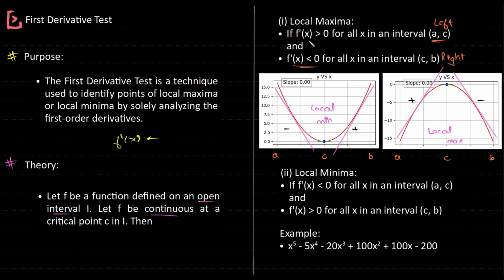To the left of C, it is positive. And so here as well, A to C, it is negative, and C to B, it is positive.